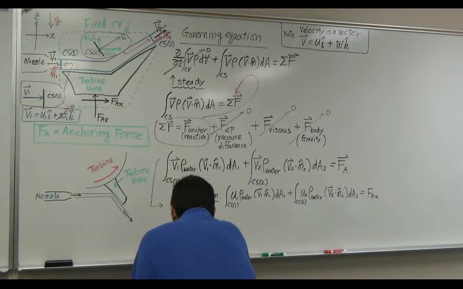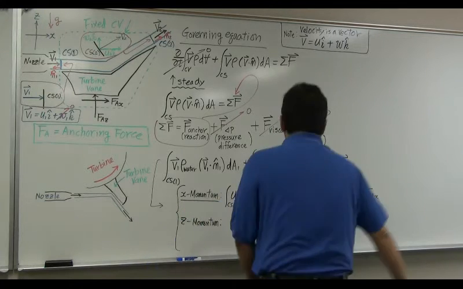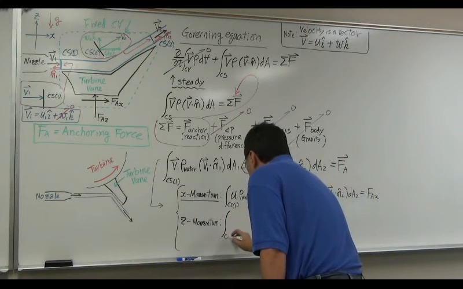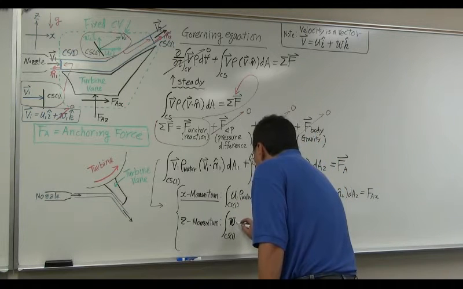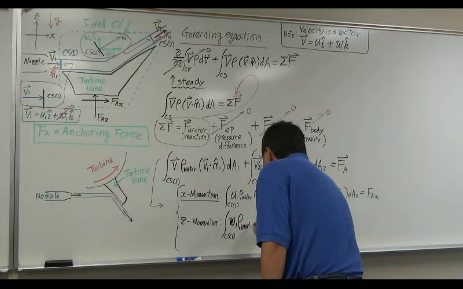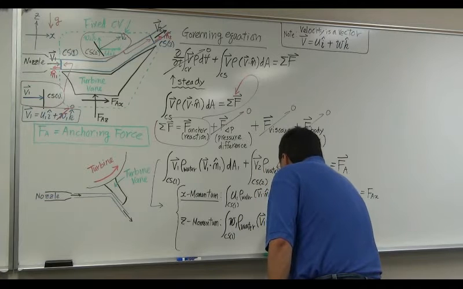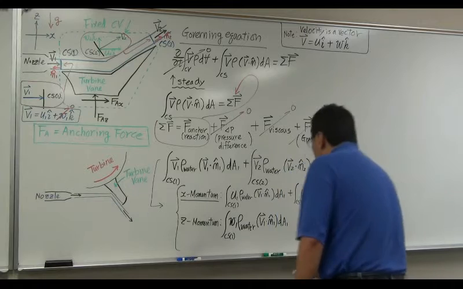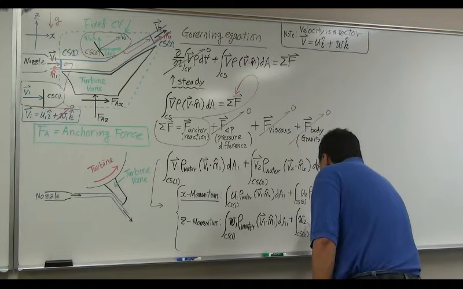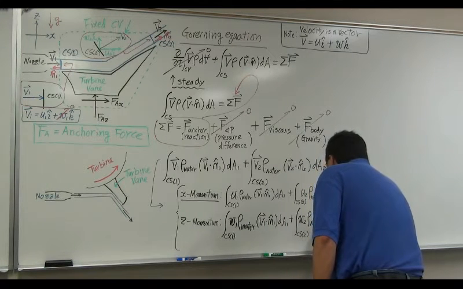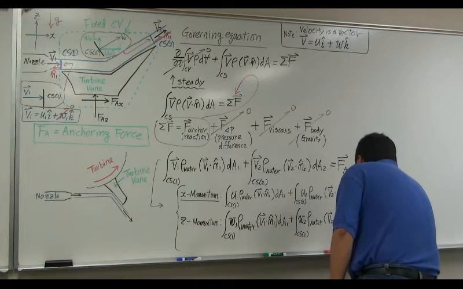Of course, we have a z momentum. So the z momentum is the integral once again over control surface 1, w1, rho water, once again multiplied by v1 dot n1 dA1, plus the integral over control surface 2 of w2 rho water, v2 dot product n2 dA2.